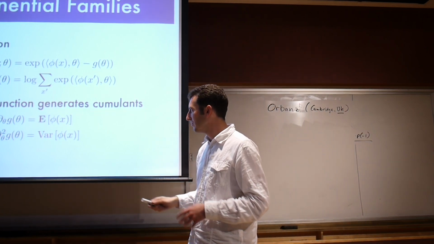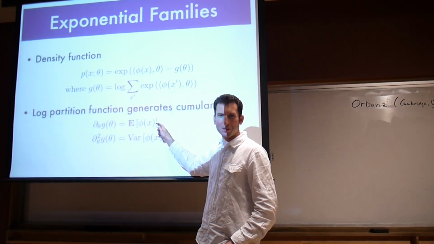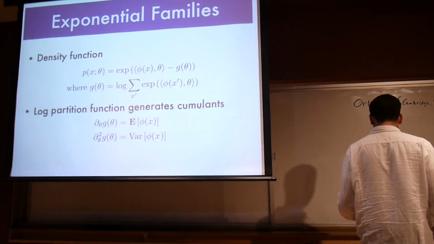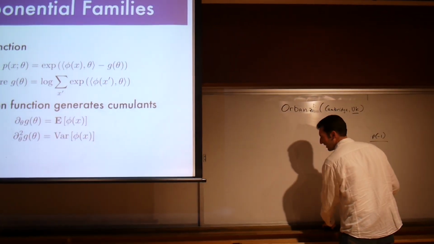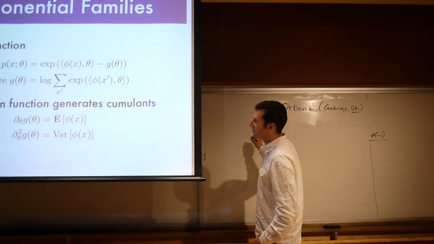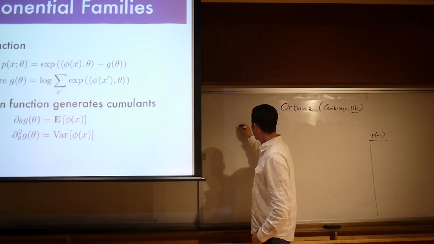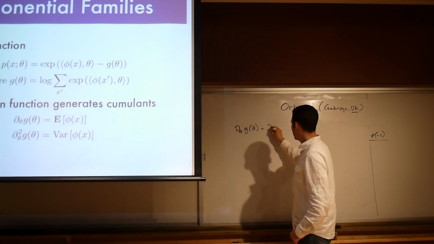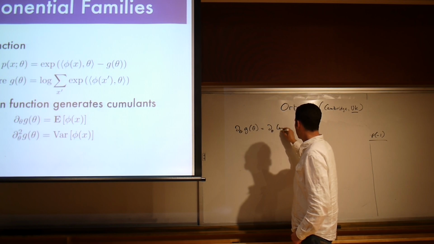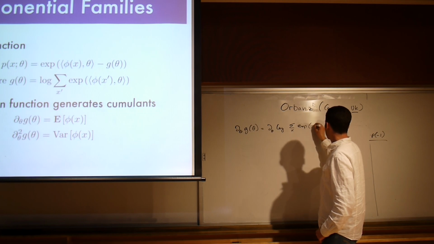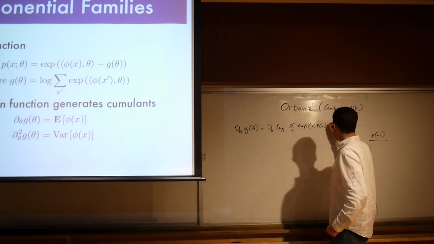So who knows why this holds? Okay, let's do the derivation. It's the kind of derivation you want to do once, and then probably not again. So, the derivative with respect to theta of g of theta is the derivative of the log of the sum over all x of e to the phi of x with theta.